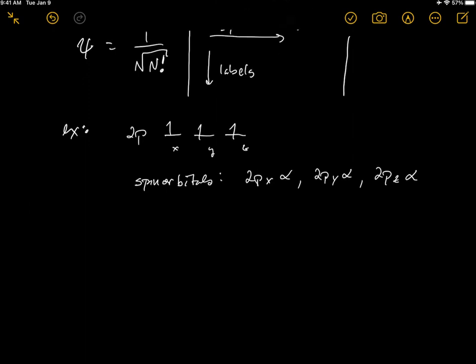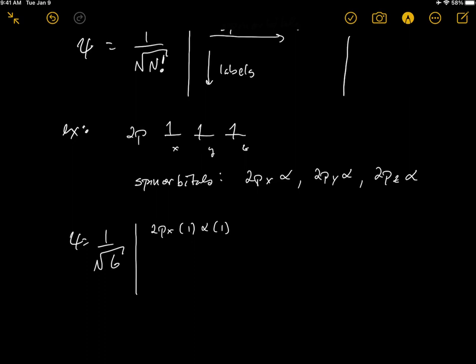So this is going to give us psi equals 1 over the square root of 3 factorial, which, 3 factorial being 3 times 2, or 6, would be 1 over the square root of 6. And we'd have 2px, 1, alpha, 1.